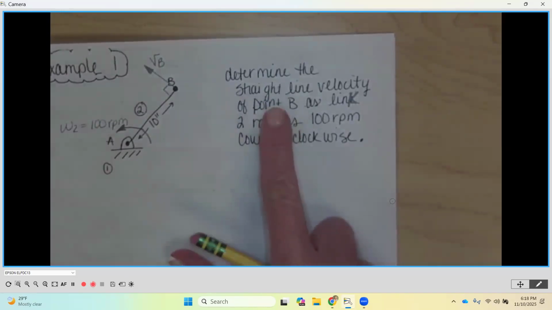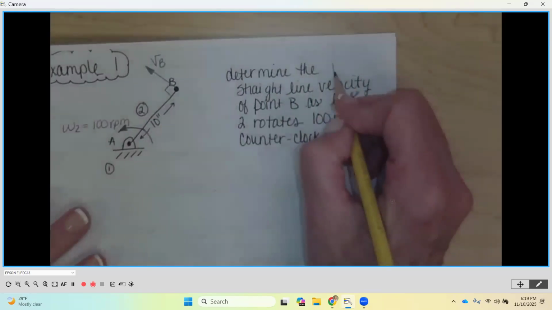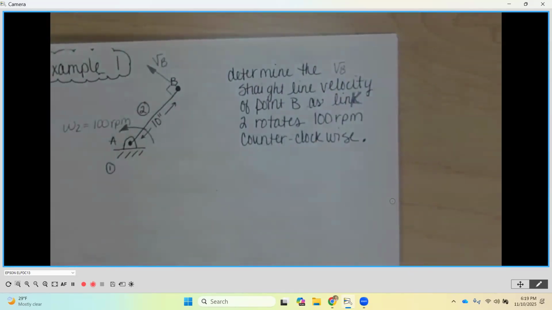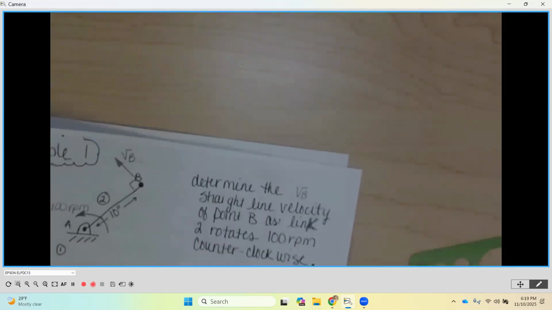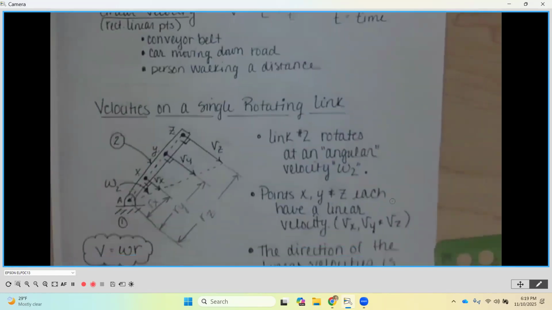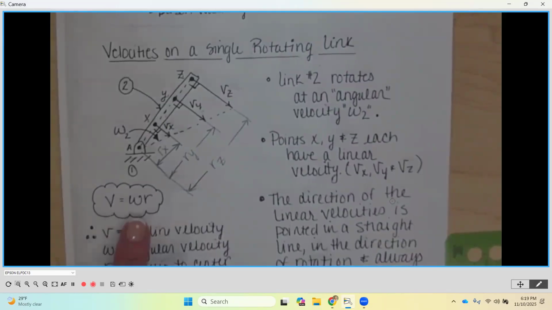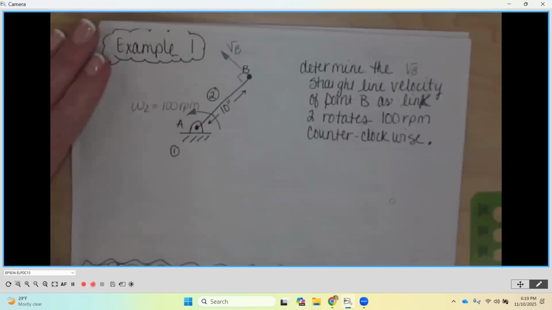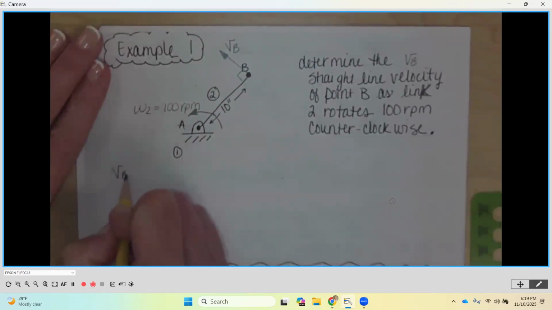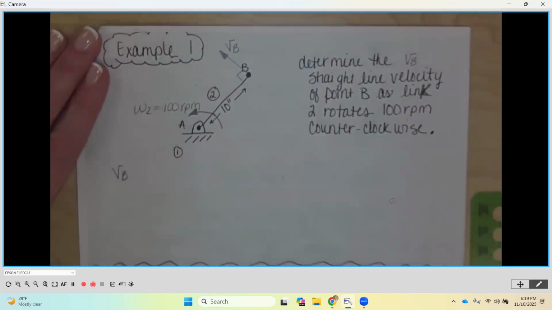So we want to determine what that VB is, the straight line velocity. That is VB, the velocity of point B, okay? Now, equation. So we're rotating, and we are going to be using this equation right here from the relationship of straight line velocity to angular velocity and its distance away from its center of rotation. So our equation is going to be velocity of B, because we're looking specifically at point B, is equal to angular velocity times radius.